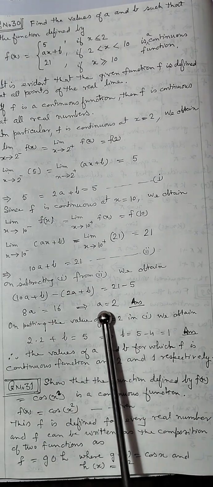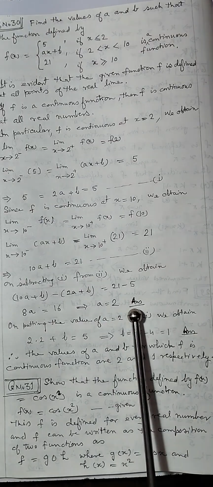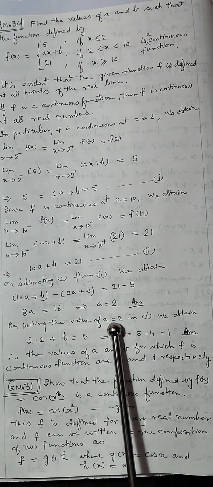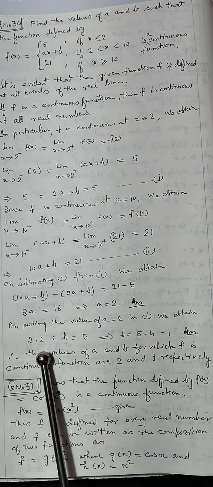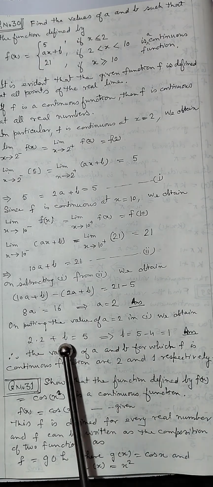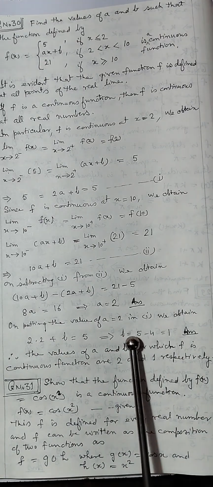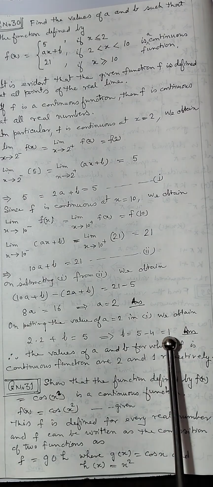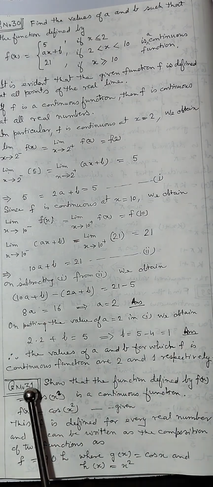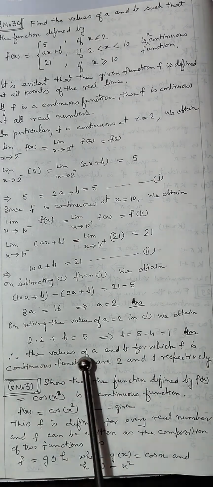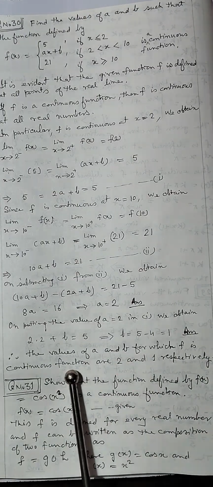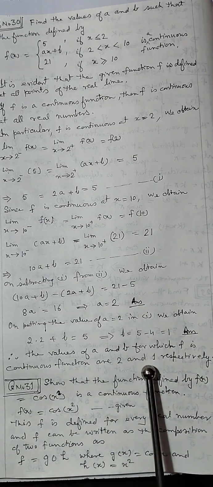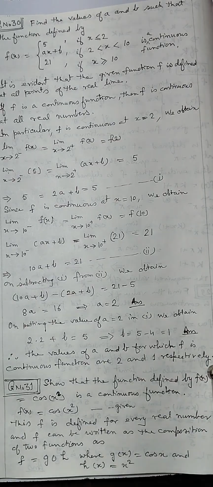So a will be equal to 2. On putting a equal to 2 in the first, we obtain 2 into 2 plus b is equal to 5. So b is equal to 5 minus 4, that is 1. Therefore, the values of a and b for which the function is continuous are 2 and 1 respectively.